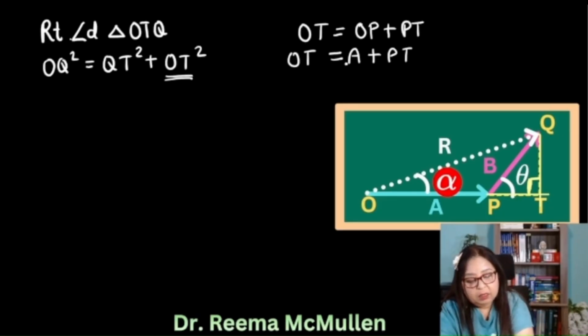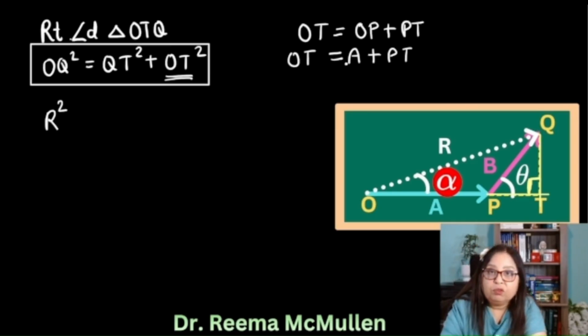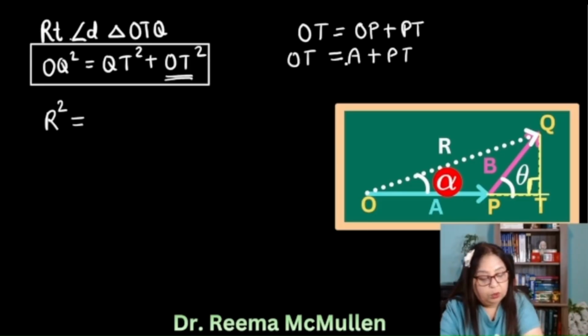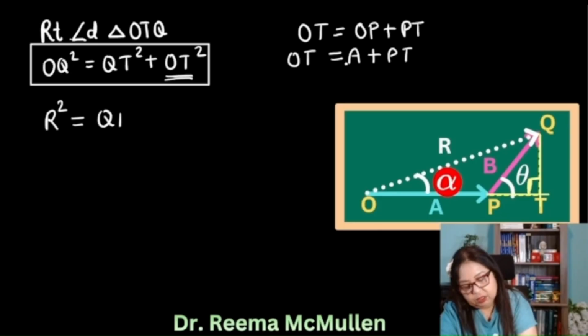Now on the left side of this formula, OQ is equal to the magnitude of the resultant vector R. So OQ squared is equal to R squared, equal to QT, leave it as QT, QT squared plus OT squared.